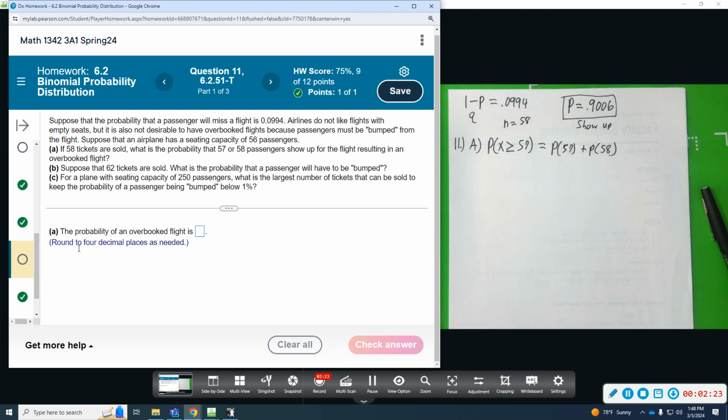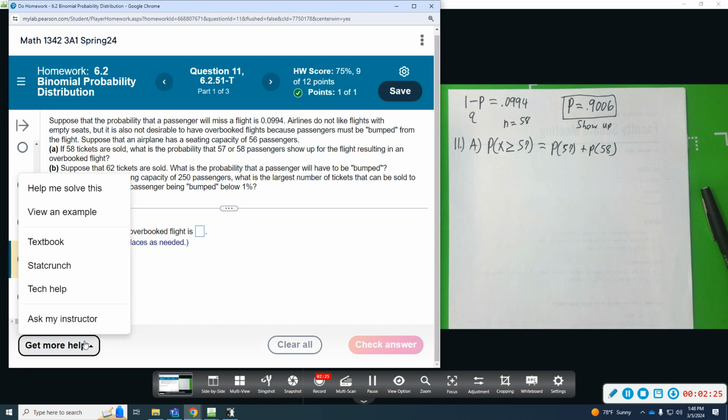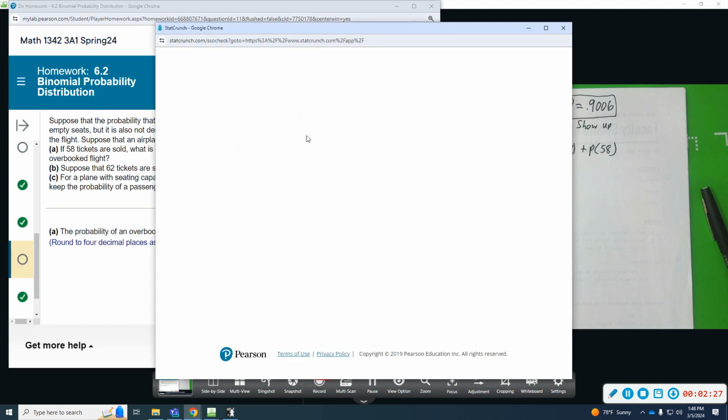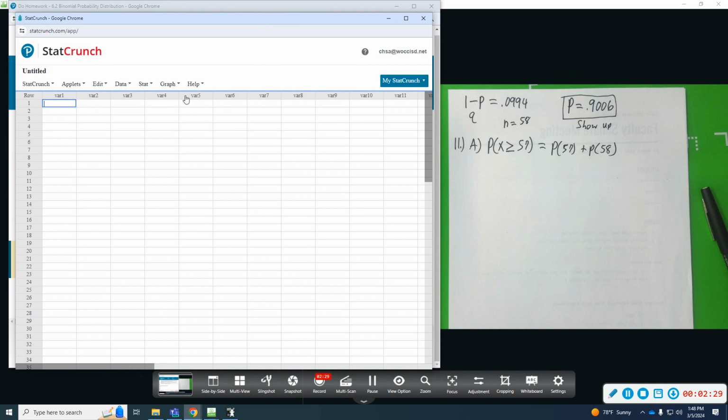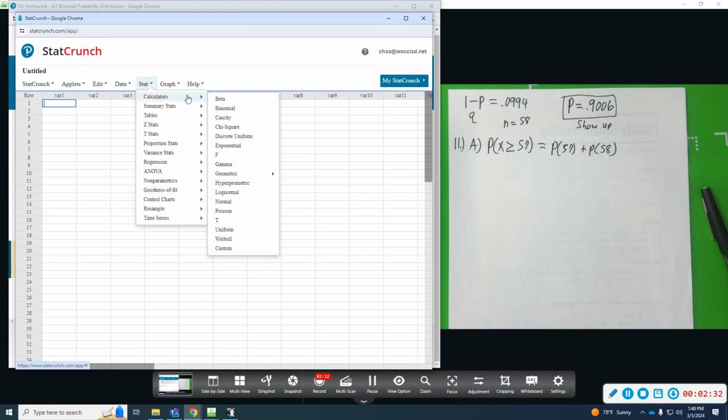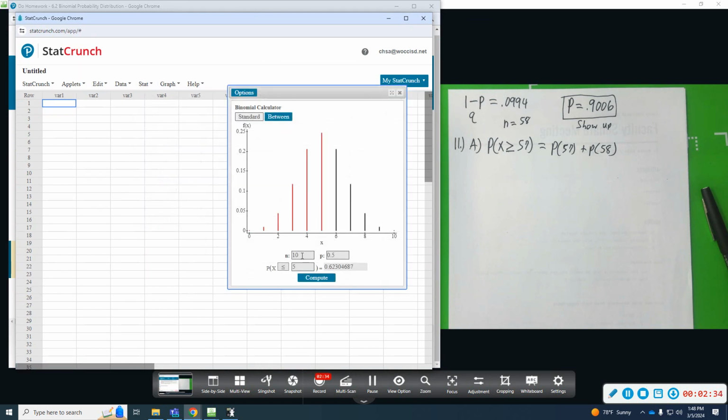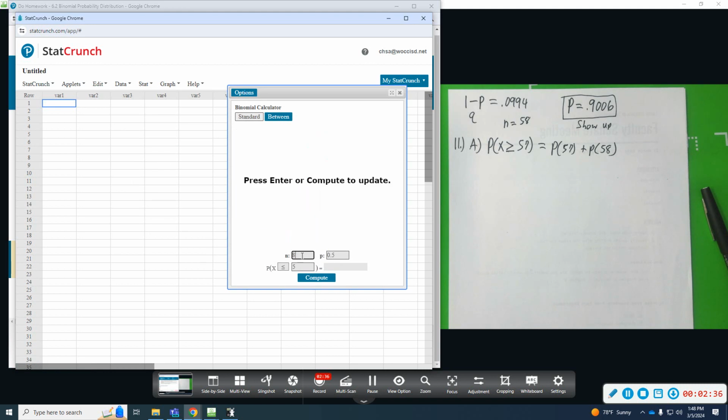So we're going to use StatCrunch. It's going to compute that for us. We're going to go to Stat, Calculators, Binomial. We're going to change this to 58. We're going to change this to 0.9006.